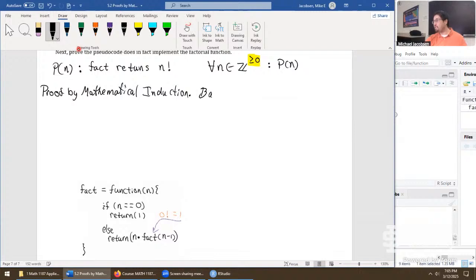We begin with the base case. But notice the indexing this time. We're starting at 0. Let n equal 0. We must show P(0) is true.